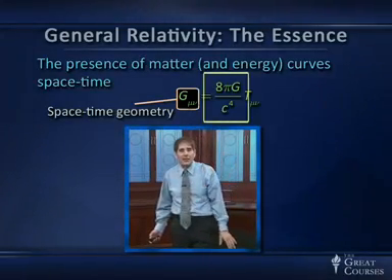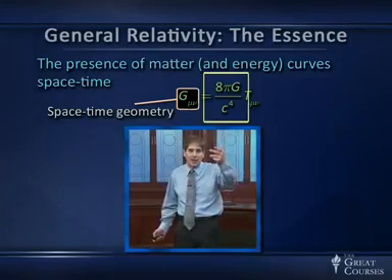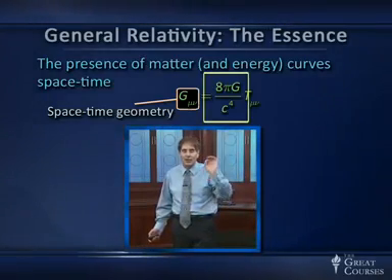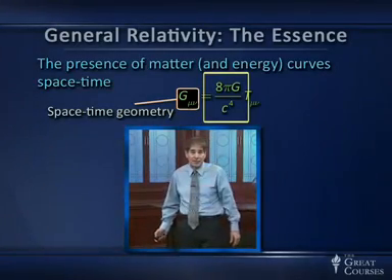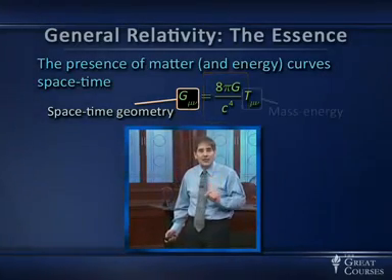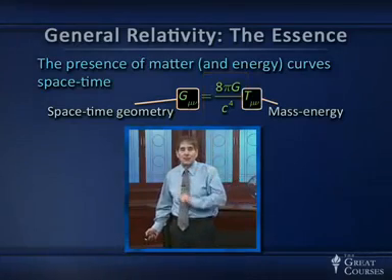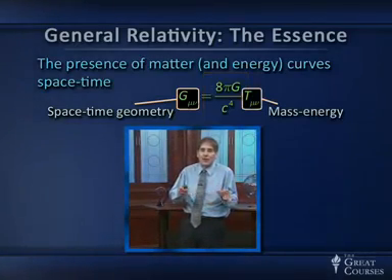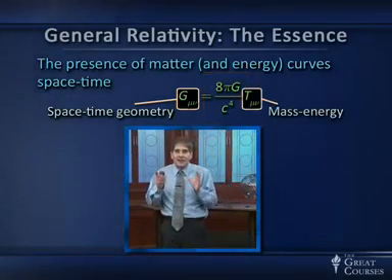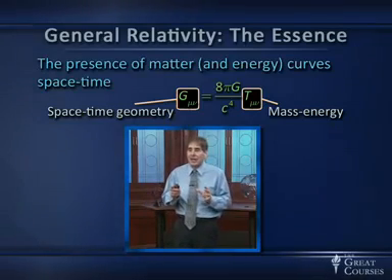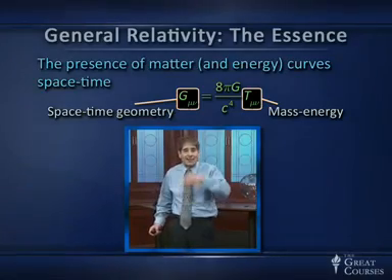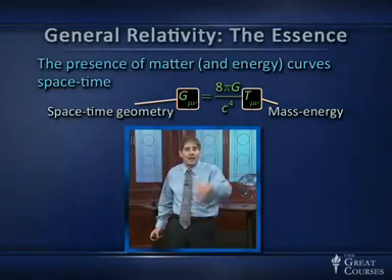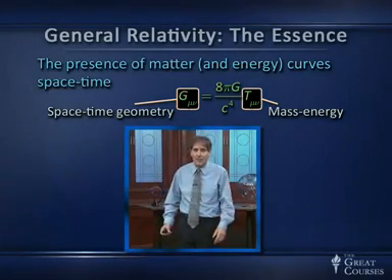On the right-hand side of the equation are some constants, 8 pi times big G, which is that big Newtonian constant of gravitation, and in the denominator, lo and behold, the speed of light comes in to the 4th power. And then this term T with the subscripts mu and nu is called the mass-energy tensor. That is the presence of mass and energy at a point in the universe. So this says right at a point in the universe where the mass energy is described by this T, then the geometry of space-time is described by this G.